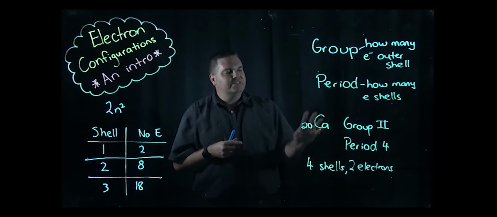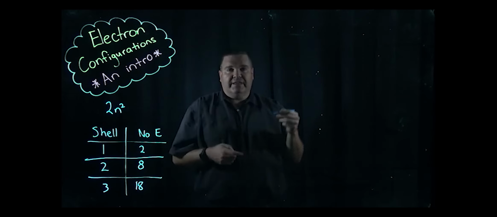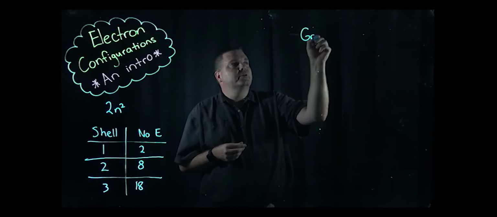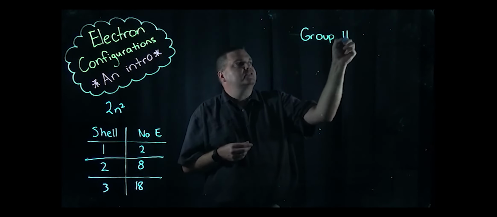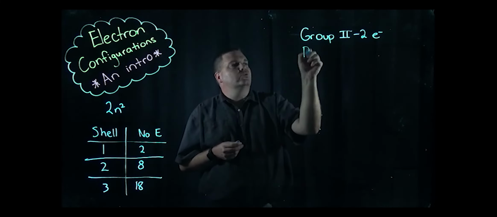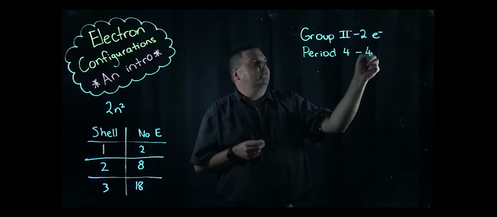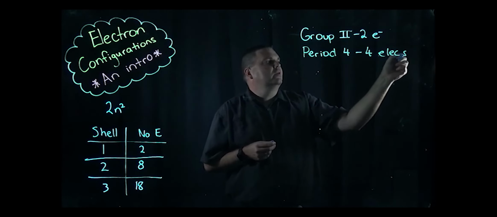I'm going to show you how we take this sort of information to write the electron configuration for calcium. When we looked at calcium, it was in group 2, and that told us there were 2 electrons in the outer shell. We also saw that it was in period 4, which told us there were 4 electron shells in total.